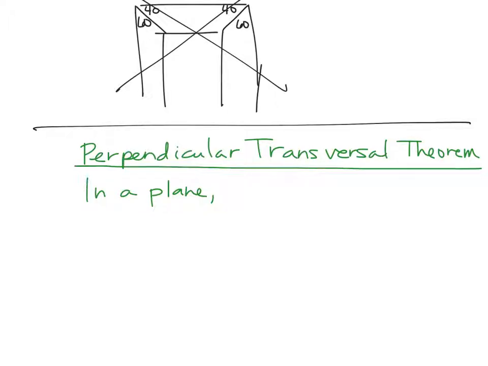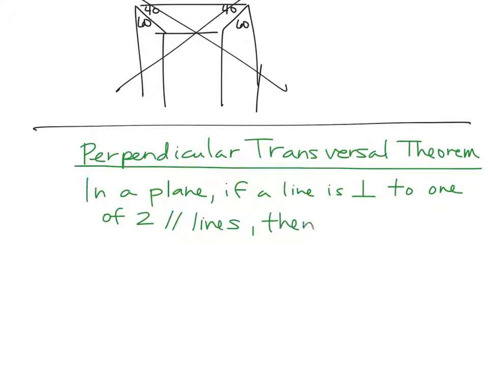So two-dimensionally, in a plane, if a line is perpendicular to one of two parallel lines, then it's also perpendicular to the other.